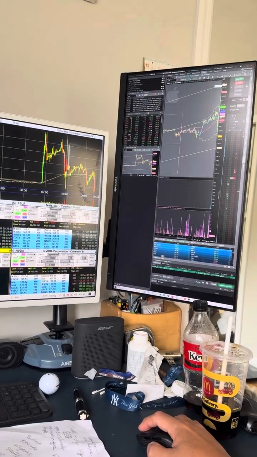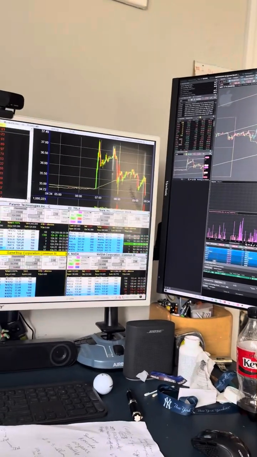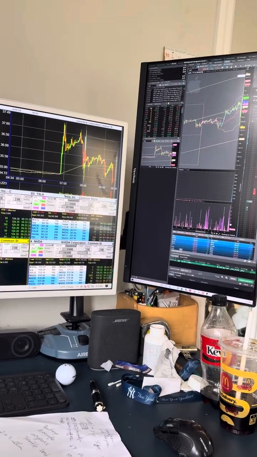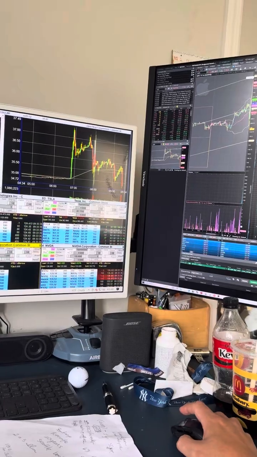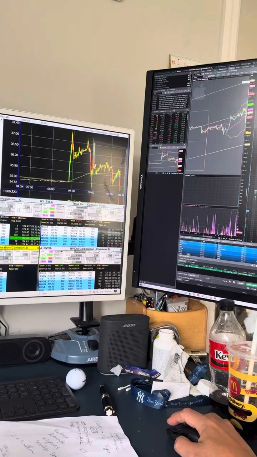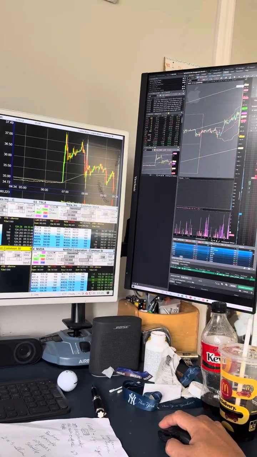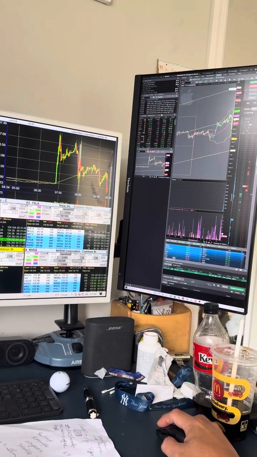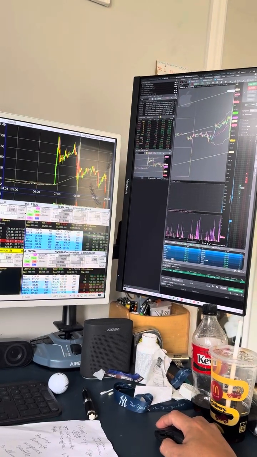Well, it's not showing me the price. It's not showing me the price either. I don't know if there's a problem with it. They haven't gone through the orders and stuff. I don't know why it's not showing the size.